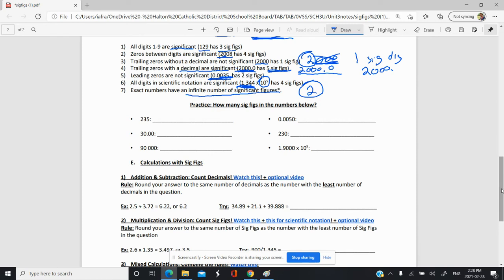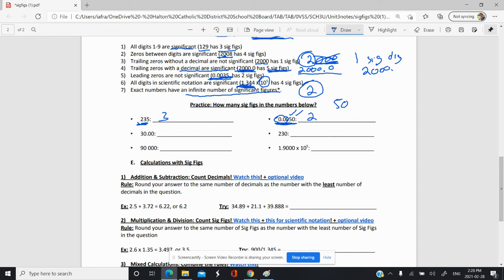So for example, if I look here, these are all digits from 1 to 9. There are 3 of them. This would have 3 significant figures. Over here, I have leading zeros, so these do not count. But these 2 are significant figures. There are 2 significant figures there. Normally the 0 wouldn't count if it was something like 50, okay?